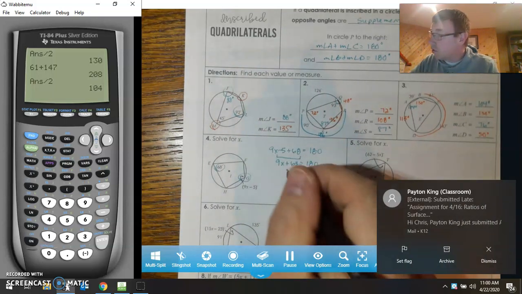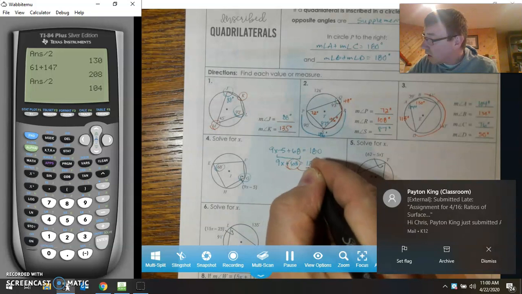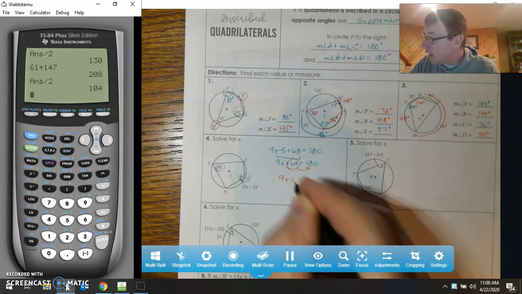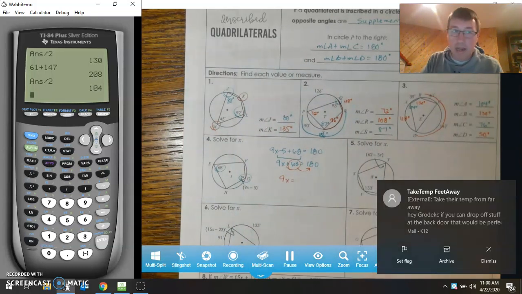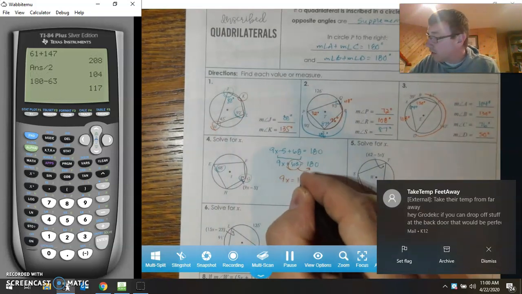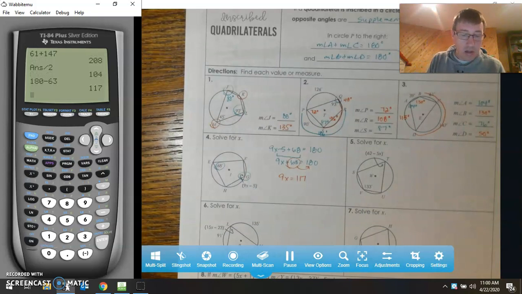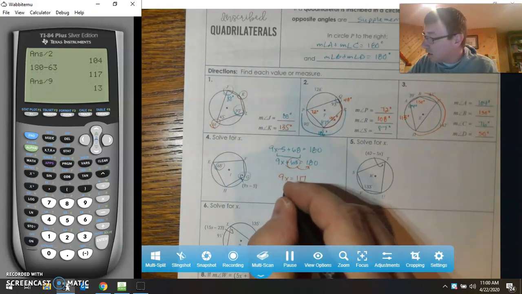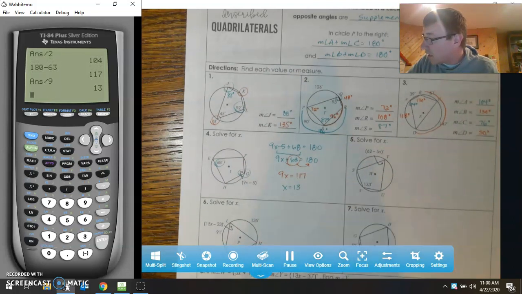I'm going to push over 63 here. 9x will equal 180 minus 63, which would be 117. Divide that by 9. I'm going to get 13, so x will equal 13.